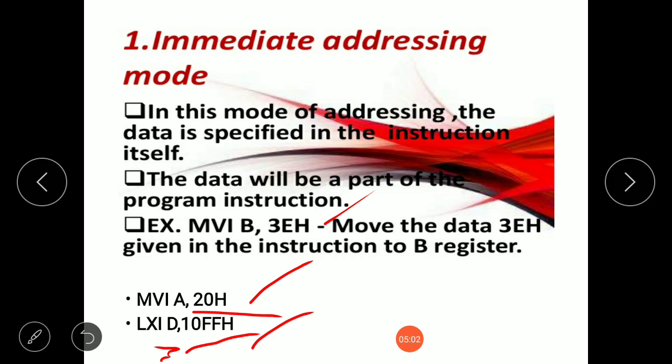For example, MVI A, 20H. What is the function of this instruction? It moves the 8-bit immediate data 20H into the accumulator. Similarly, what is the function of LXI D, 10FFH? It moves the 16-bit immediate data, that is 10FF, into the DE register pair of the 8085 microprocessor.